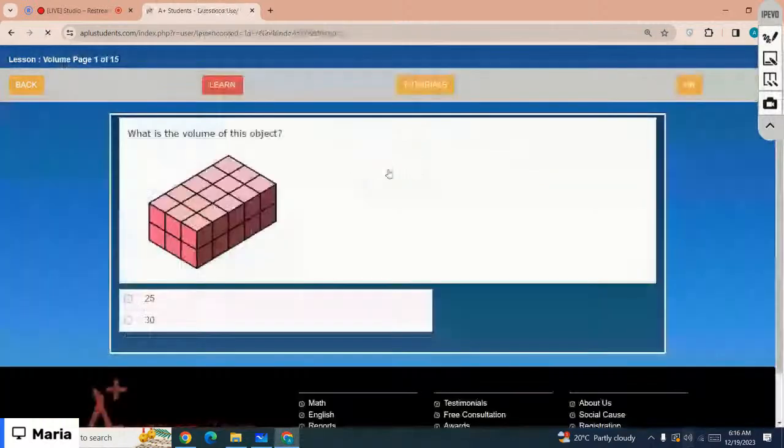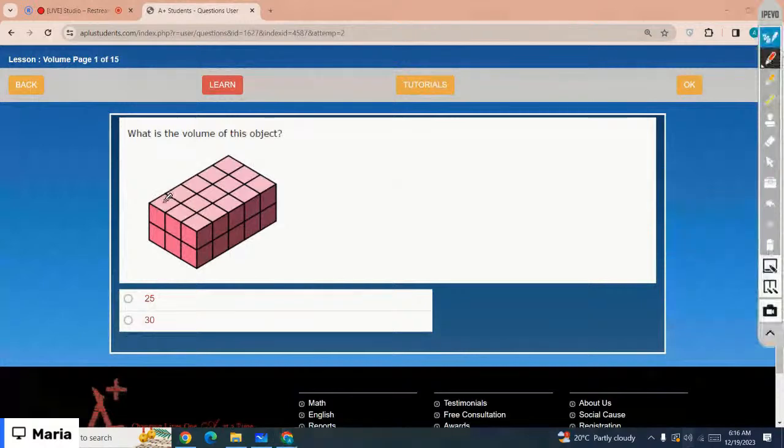Okay, what is the volume of the object? First, we have to find the dimensions of the object. So let's just see the dimensions. You can see here this side the width is 3, the length is 1, 2, 3, 4, 5. This way it is 5, and the height is 2.